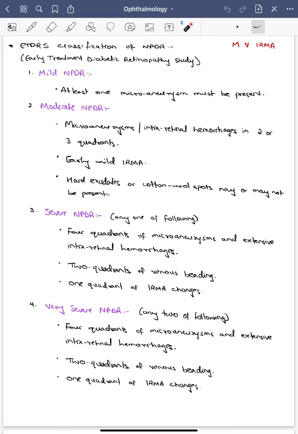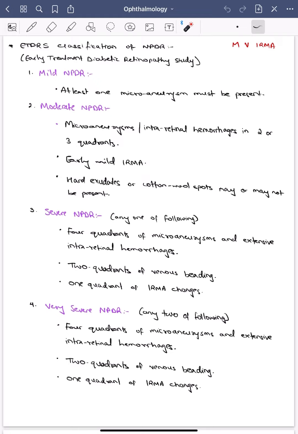So when you're examining the retina, if these features are present, this can be classified as moderate NPDR.